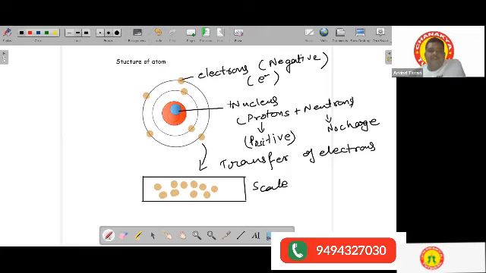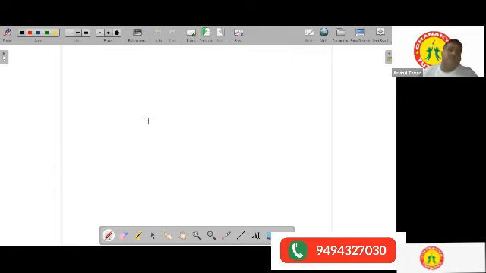Now, I hope everyone has understood this. Each electron carries a very small amount of charge. We'll see how much charge there is on an electron.